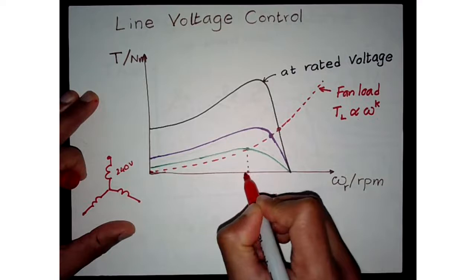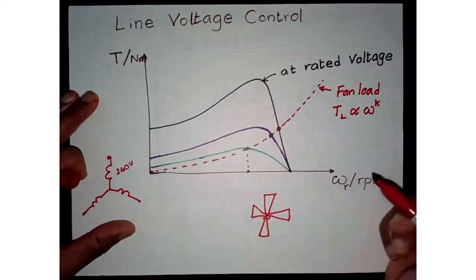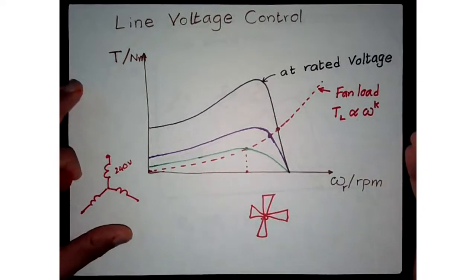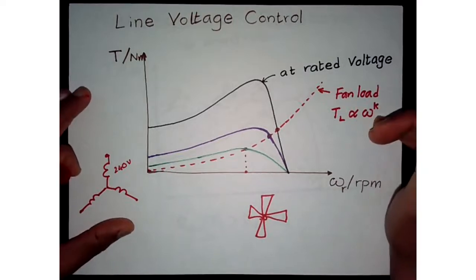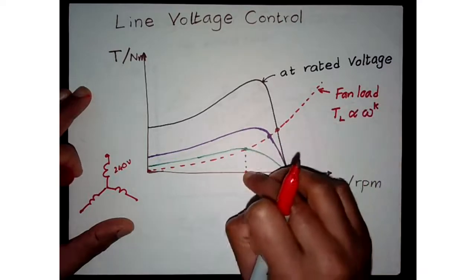So the speed has dropped and the load has dropped. We're dropping the load, which inherently drops because we change the speed. The amount of air volume you have to move has reduced, and therefore the speed has changed.